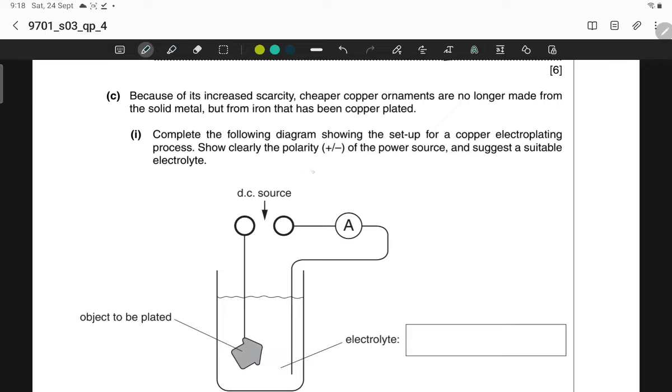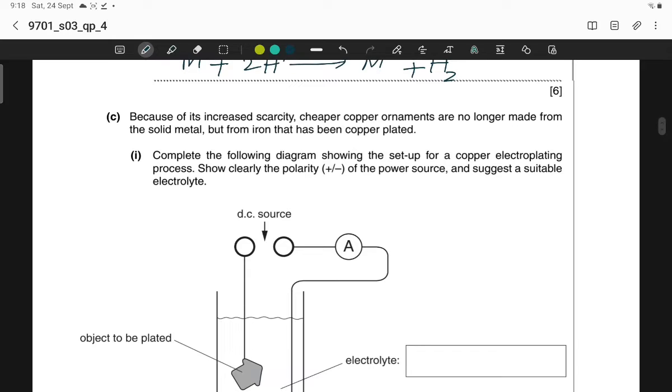Show clearly the polarity of the power source and suggest a suitable electrolyte.